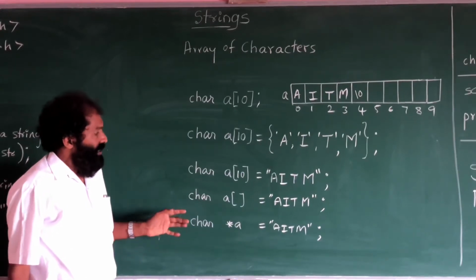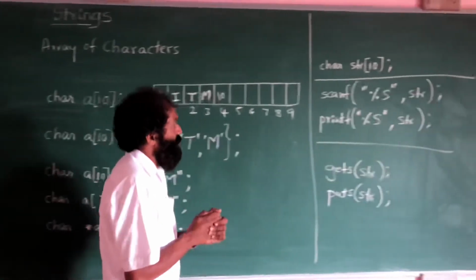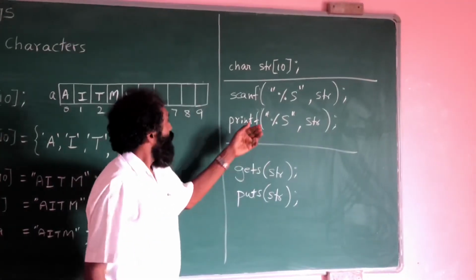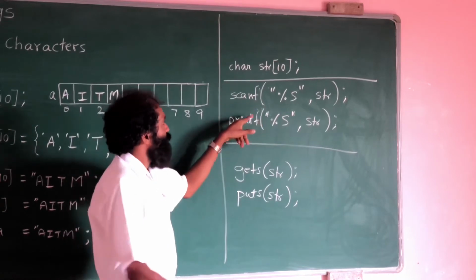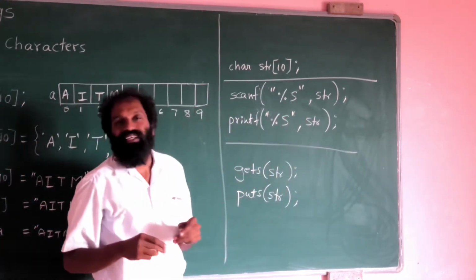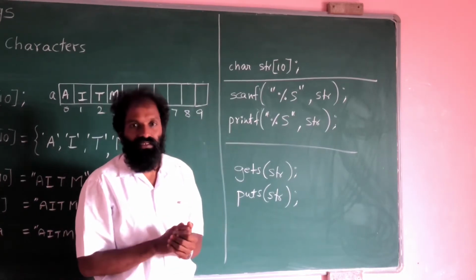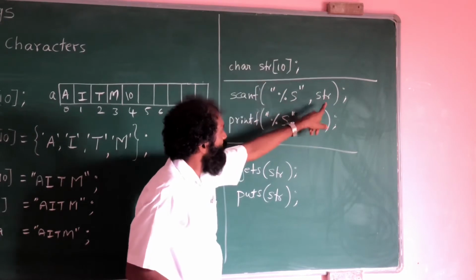In this way, we can store. Some more ways are there, using printf and scanf. In scanf, we have to write %s. S means string. Here, whatever the array name, that name we have to write.